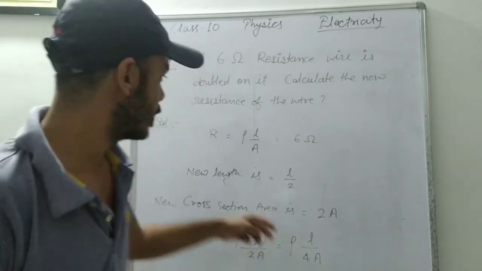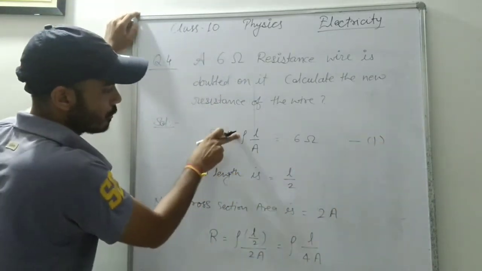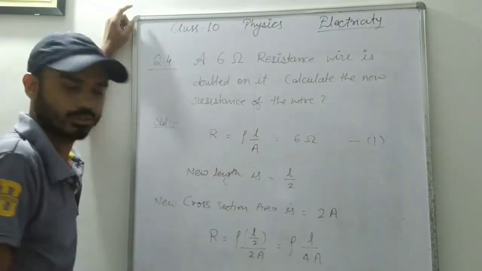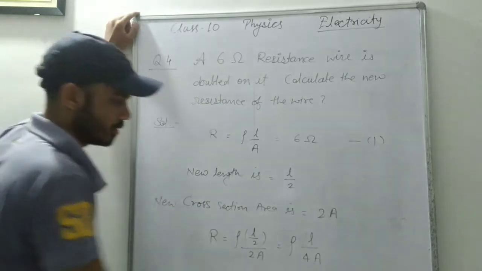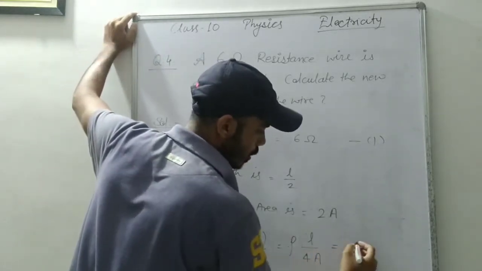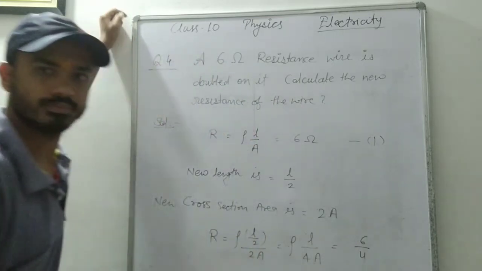Clear up to here? Then from equation 1 we know that the value of rho L upon a is equal to 6 ohm. So here we replace rho L upon a from the equation, that is 6 upon 4.